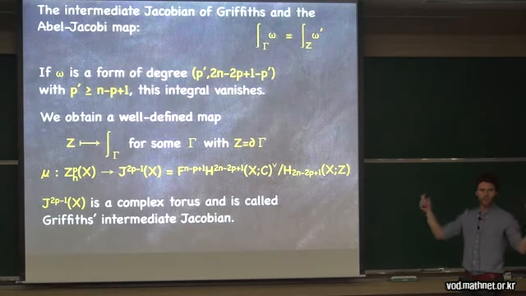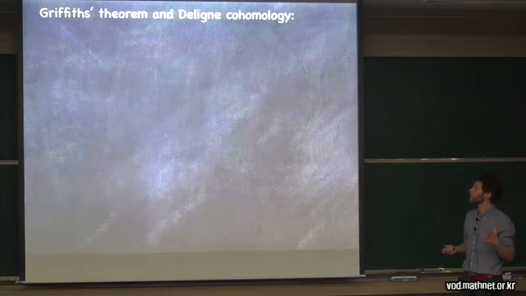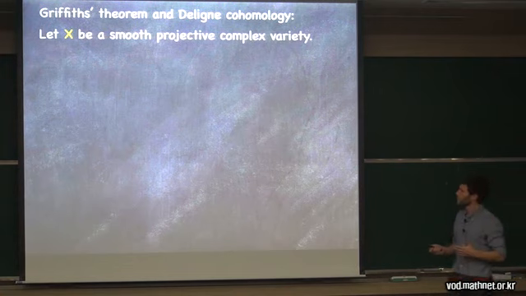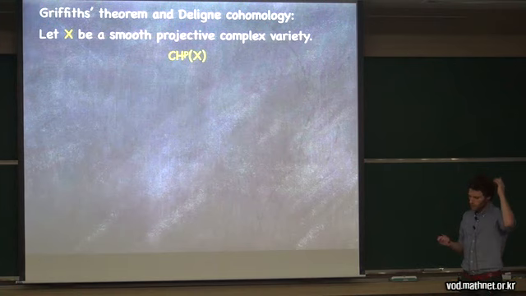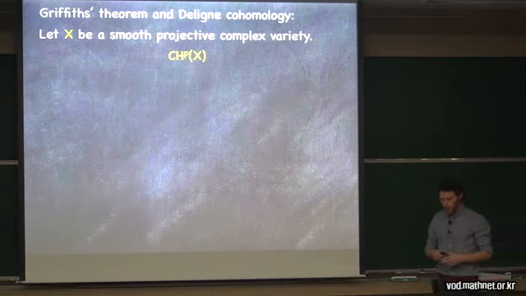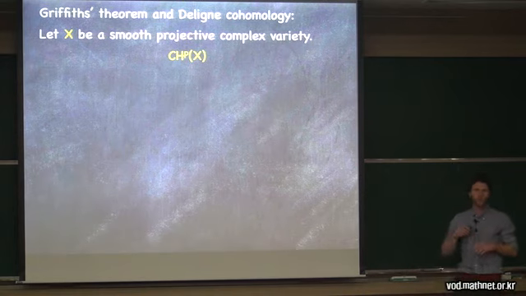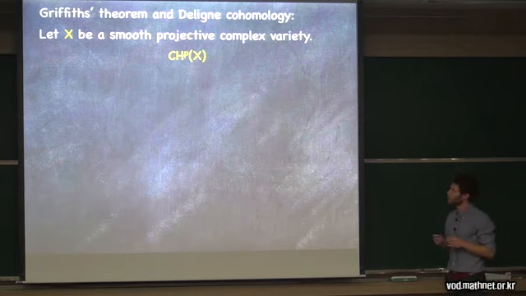In order to do so, let's put all these maps in a bigger picture. So we start again with a smooth projective complex variety X of some dimension. And now we look again at the codimension p subvarieties in X. I take the free abelian group on them, and then I mod out by some equivalence relation, which is rational equivalence.